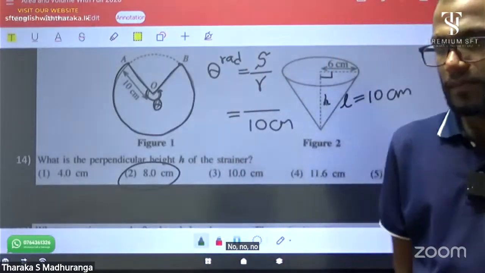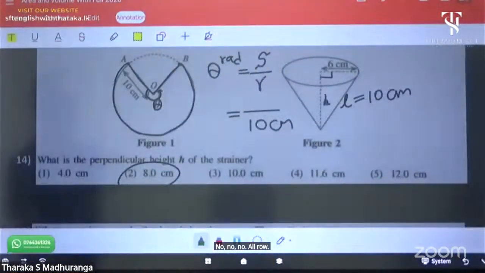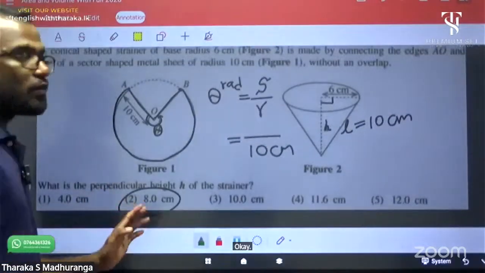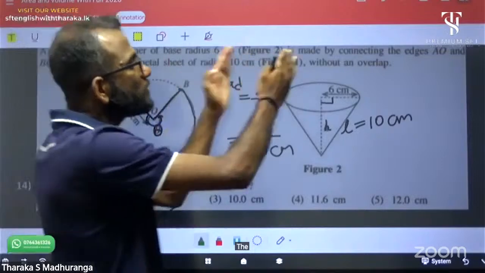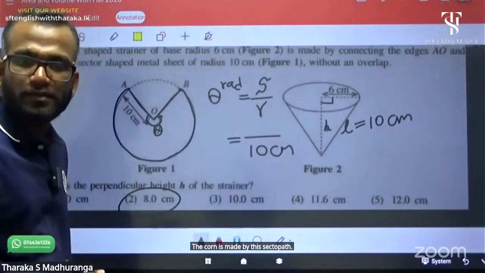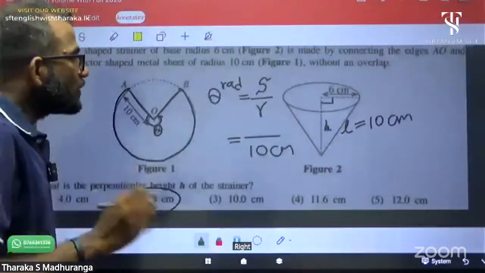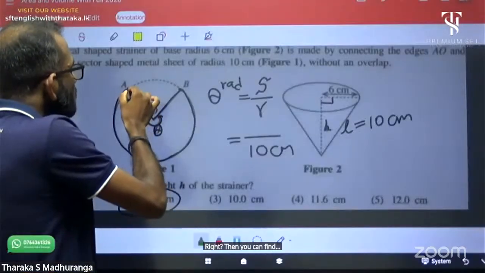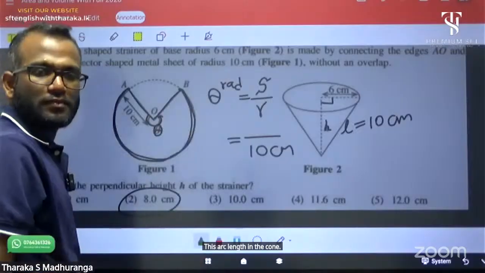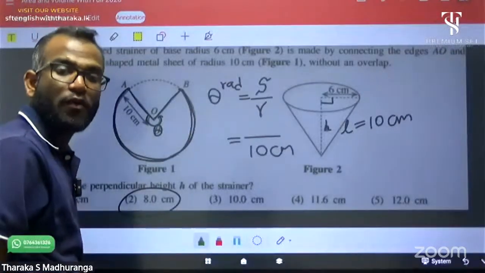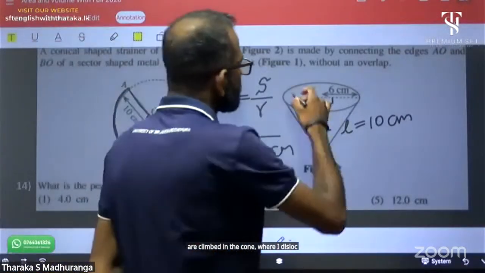No, all wrong. Okay, now this is a sector part. The cone is made by this sector part. Then you can find this arc length in the cone. Where is it located?